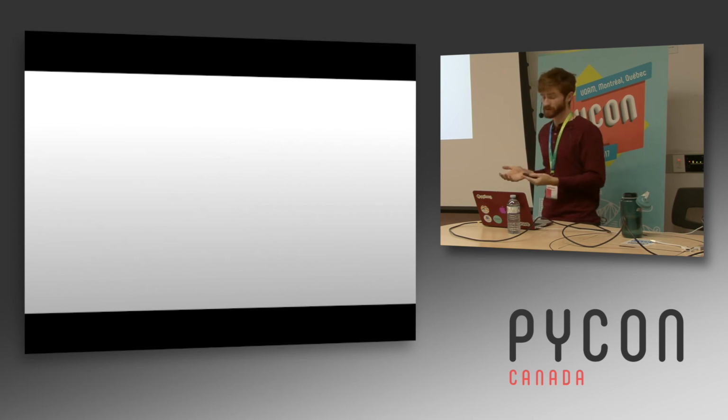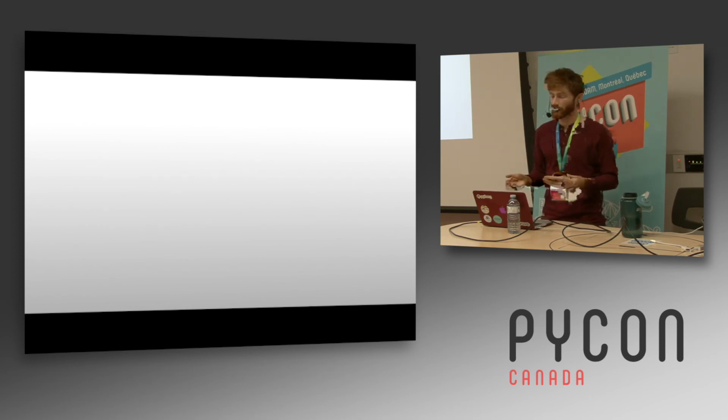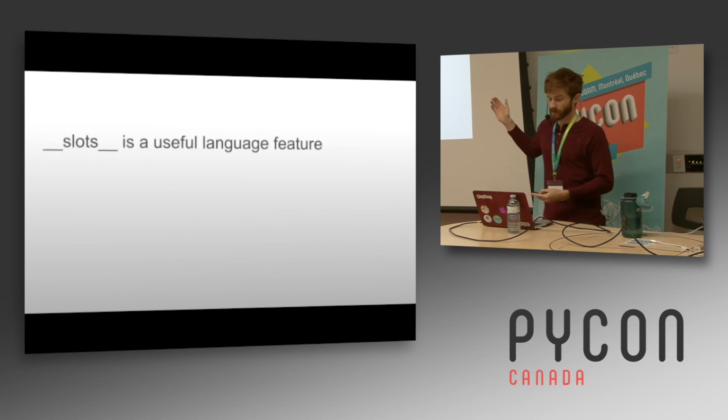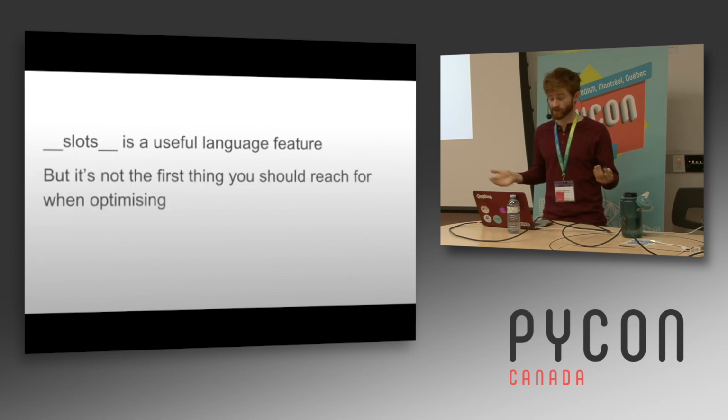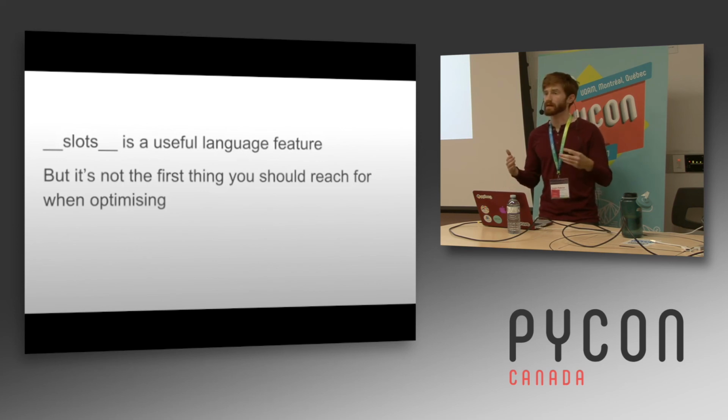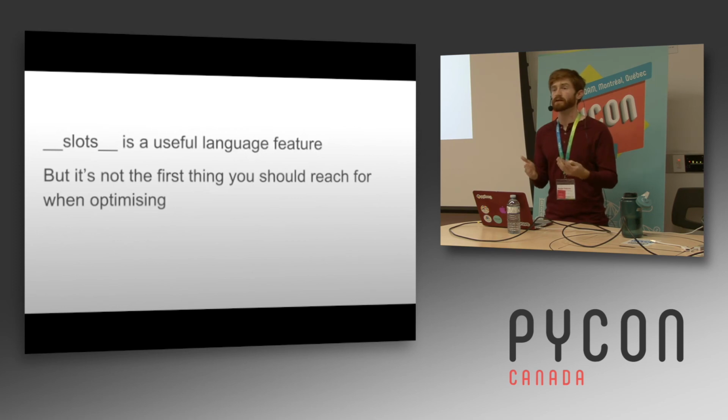So DunderSlots is definitely a useful language feature that Python has. It can make sections of code with many live objects use less memory. But if you're optimizing code, there are some other things that you should consider first. Hopefully today you learned some things that can make you make slightly more informed decisions and allow you to make your objects both faster and smaller.